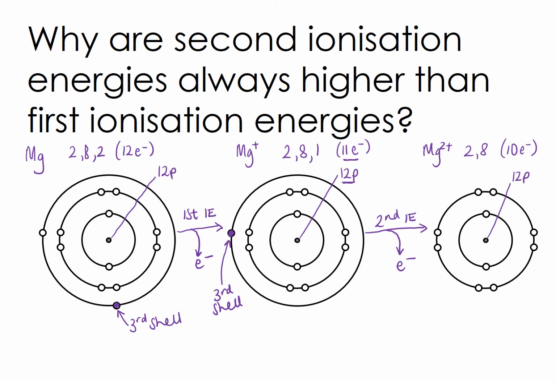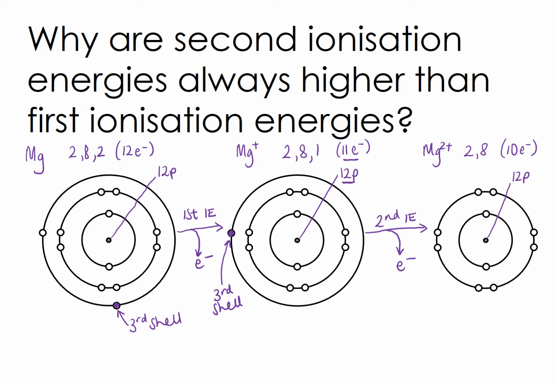That causes all of those electrons to be attracted more strongly towards the nucleus, and the electrons move a little closer to that nucleus, so the ionic radius of Mg+ is smaller than the atomic radius of Mg. Therefore, it takes more energy to remove that outermost electron from Mg+ than it does for the outermost electron in Mg. And indeed, that would hold for all of the atoms.